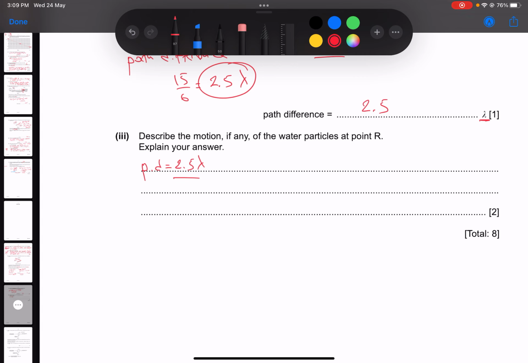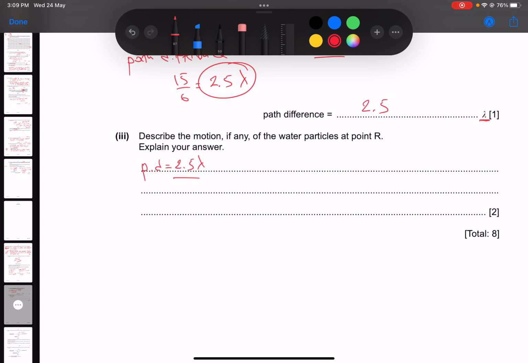But is this our case? No, it's not. It's 2.5, so it's not a whole number. We are lucky that we got .5, actually. So let's say red is Q, and P is going to be something like this.